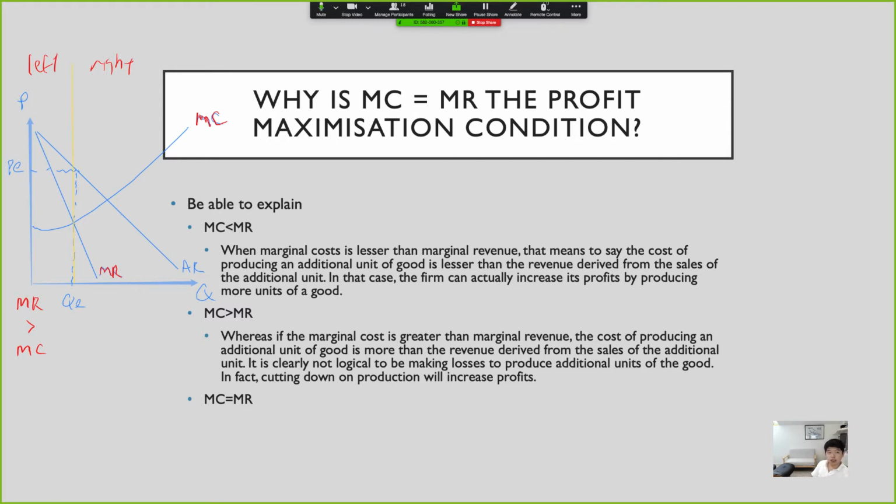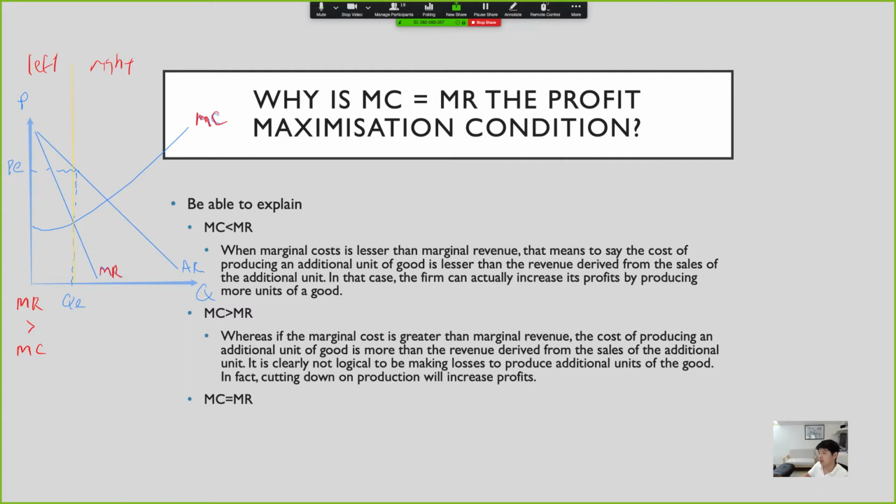If you look at the right-hand side of the diagram, what observations can you make? Can you see that your marginal cost curve on the right-hand side is always larger than, on top of, your marginal revenue curve?